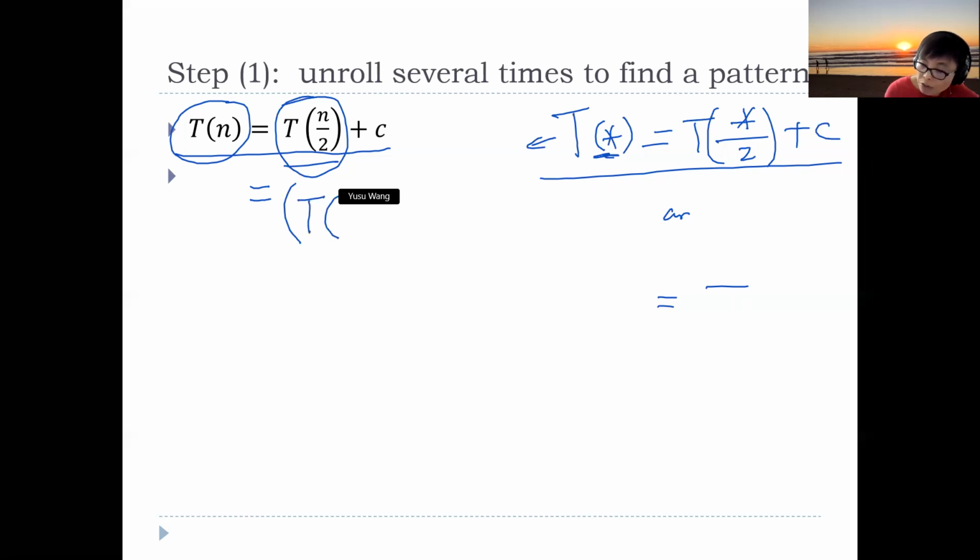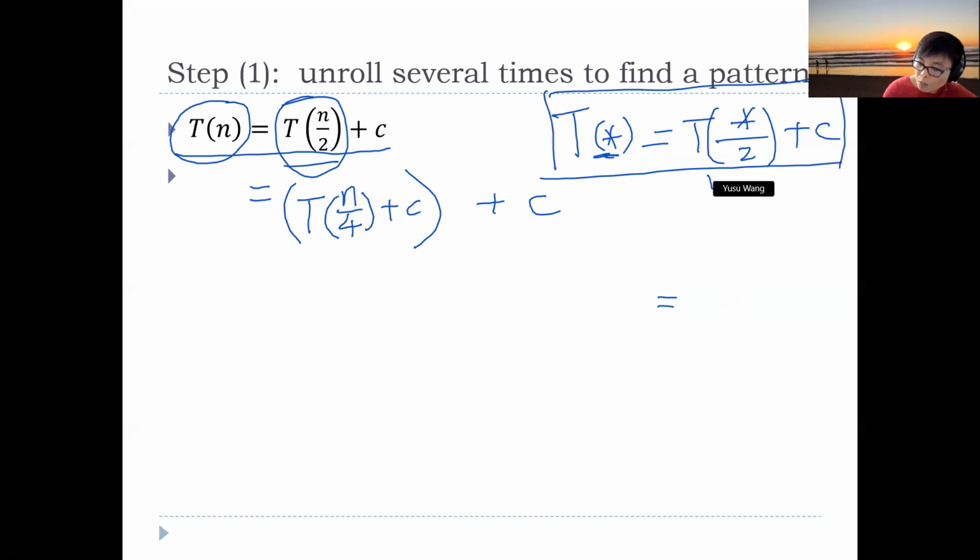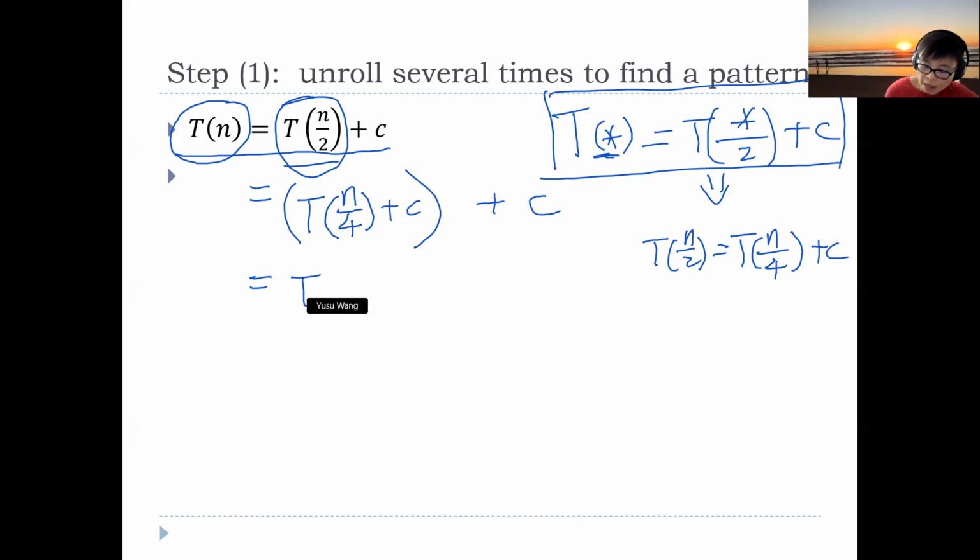That's T of n over 2 divided by 2, that is n over 4, plus C, plus the original constant. So I plug in this relation here, and if I write it out better, I get T of n over 4 plus 2c. This is after one step of unrolling.